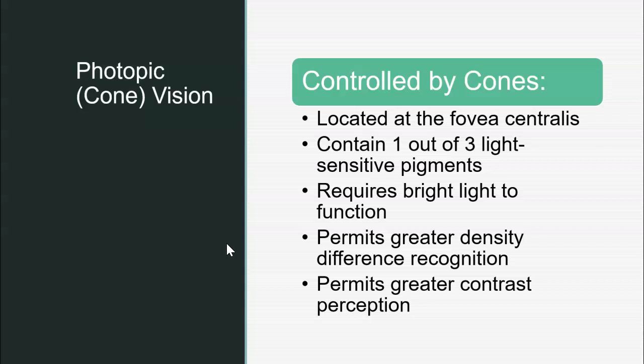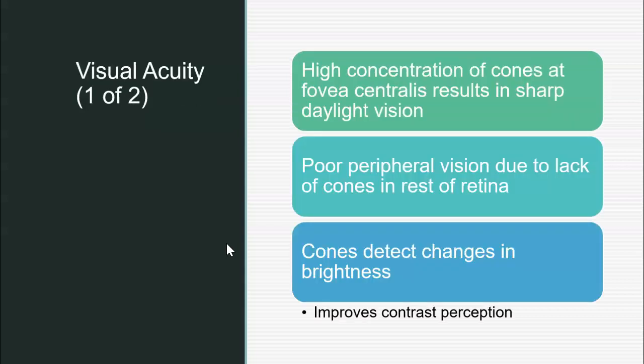So let's look at our photopic vision, and that is our cones, okay? Located at the fovea centralis, it contains one of three light-sensitive pigments, requires bright light to function, and permits greater density difference recognition and greater contrast perception. Those are all good things, right? Visual acuity: the highest concentration of cones at the fovea centralis results in sharp daylight vision.